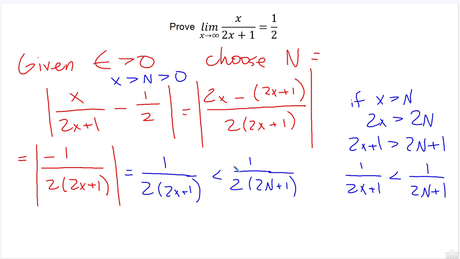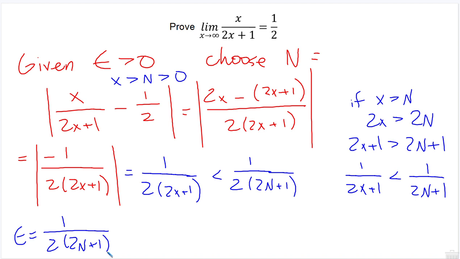And now, very inelegantly, we should recognize that now I just need to make this equal to my epsilon. All right, let's just say epsilon is equal to 1 over 2 times 2n plus 1. Well, if we're going to try and solve that for n to figure out what we choose for n, that's fine.